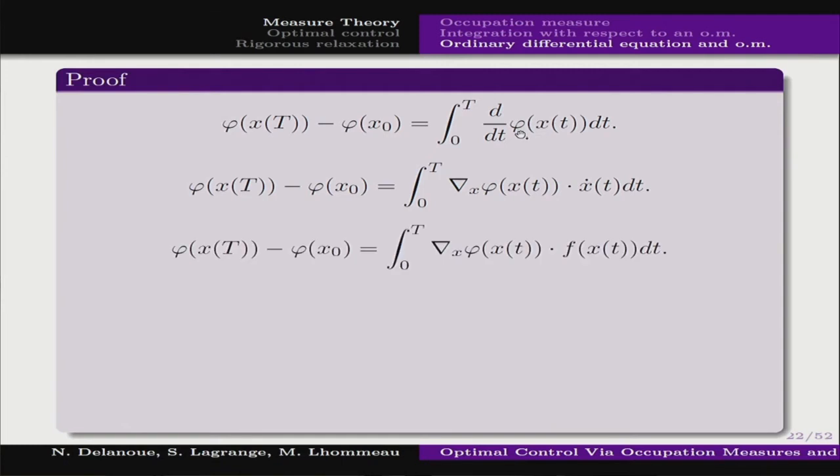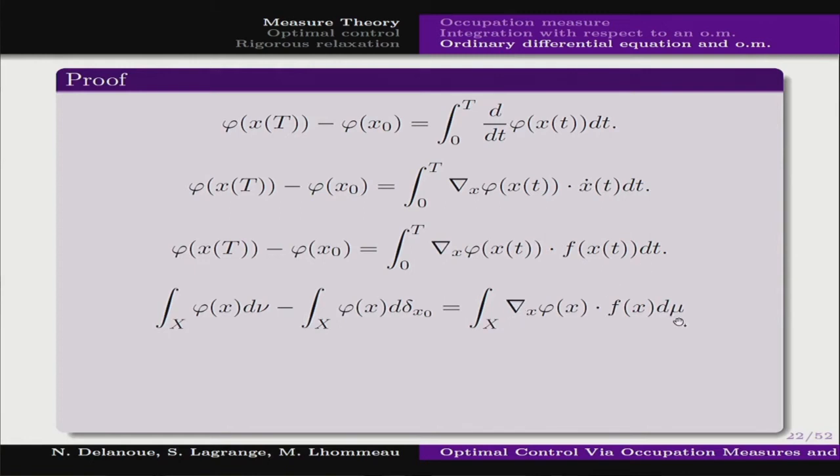Now, as you know that x satisfies the ordinary differential equation, you can replace x dot by f of x. And this is maybe the most difficult, because, as I said, you can replace a time integral by a space integral, but now with respect to your new measure.